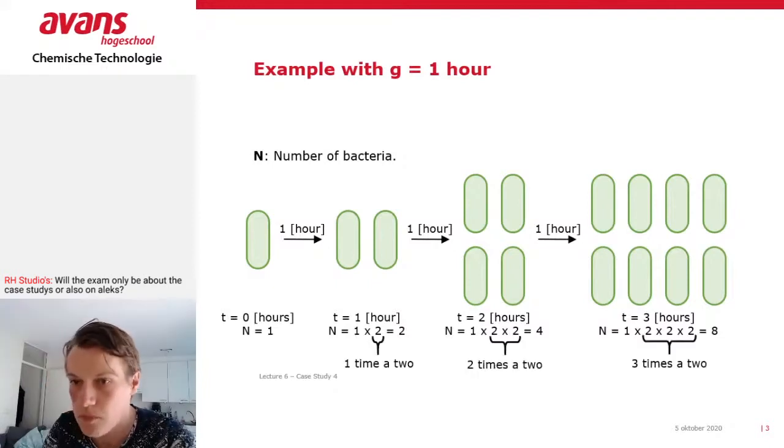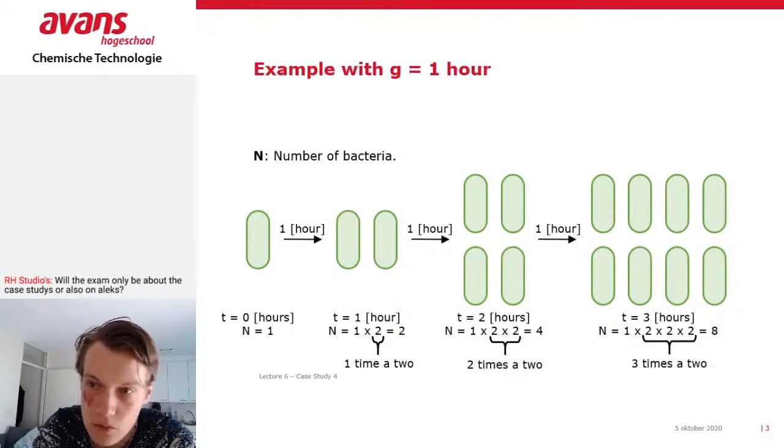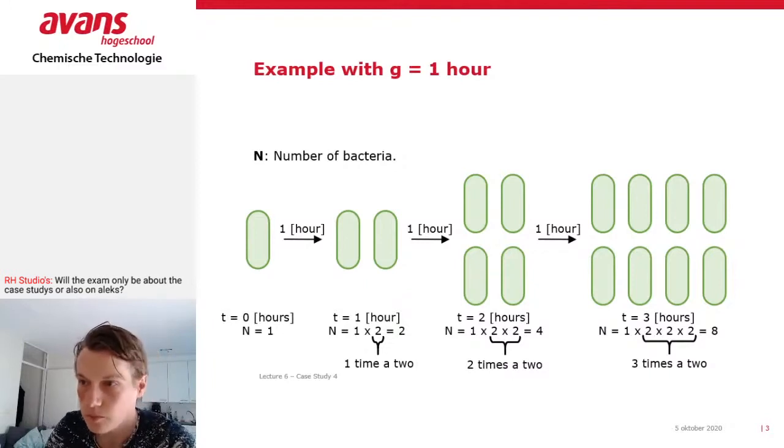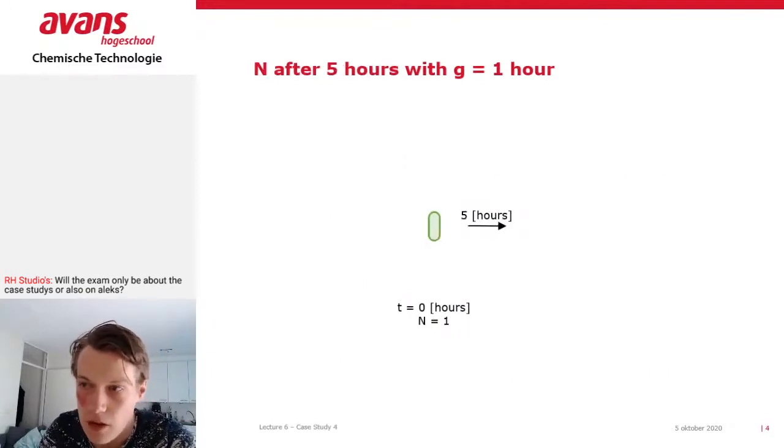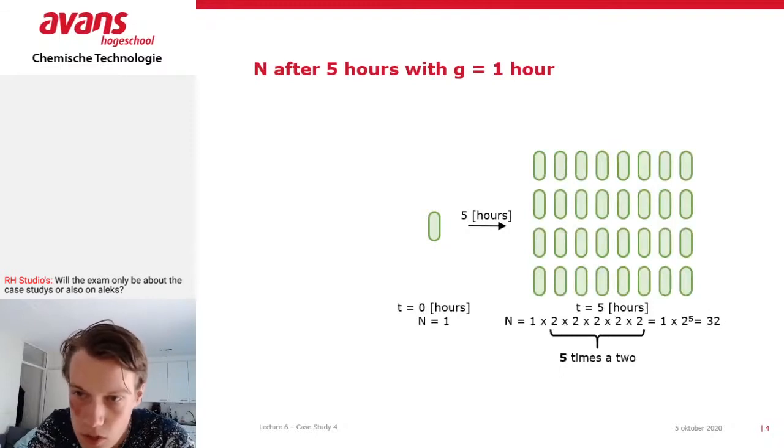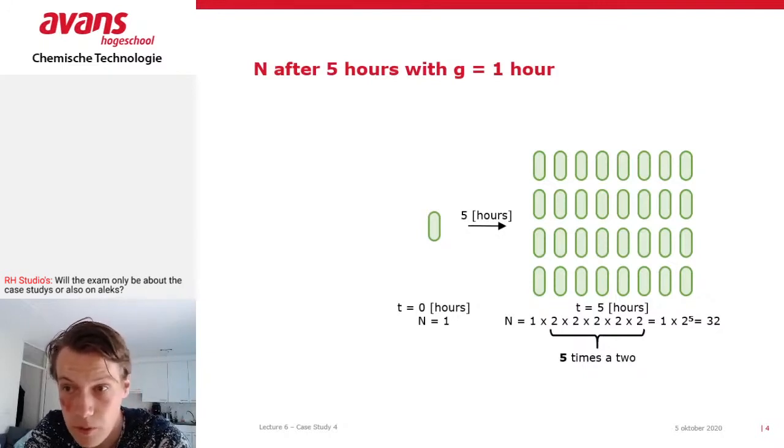You can also see a pattern: after 1 hour you have 1 times 2, after 2 hours you multiply the amount of bacteria 2 times by 2, and after 3 hours you multiply it 3 times by 2. So after 5 hours you multiply 1 by 2 times 2 times 2 times 2 times 2. So you would have 1 times 2 raised to the 5th power, which is 32.